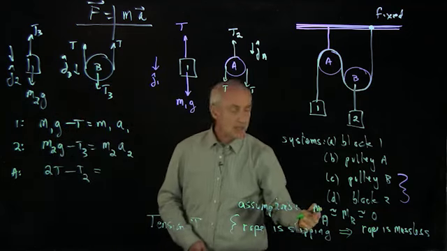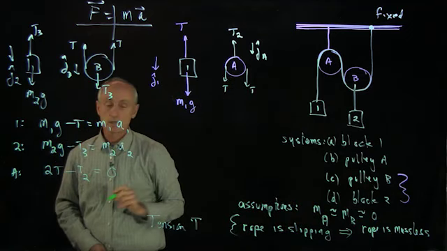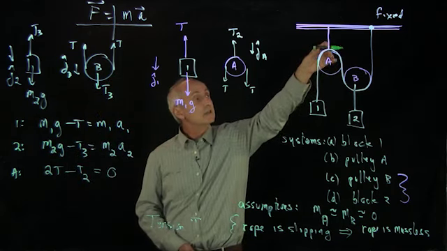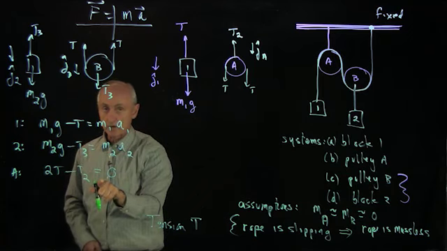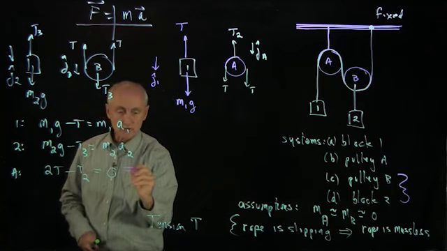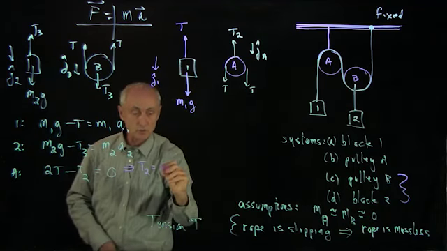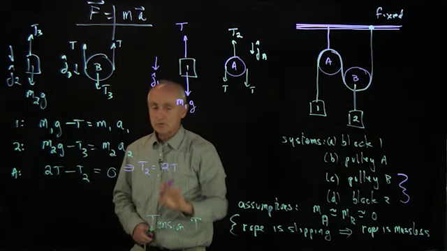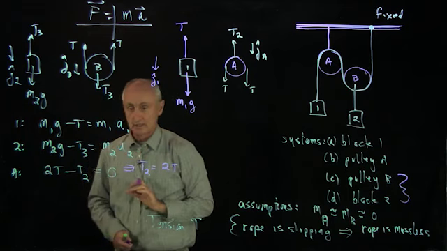Because pulley A is massless, this is 0. Pulley A is actually fixed too, so it's not even accelerating. This equation tells us that the string holding pulley A up, T2, is equal to 2T. So if we wanted to know what T2 is, we need to calculate T.